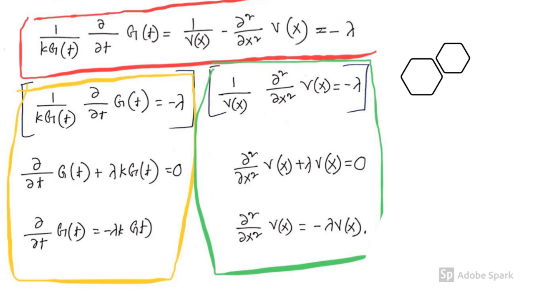The first one is 1/(kG) dG/dt equals minus lambda, so the final result is dG/dt equals minus lambda k G, and on the right side we get ∂²V/∂x² equals minus lambda V.